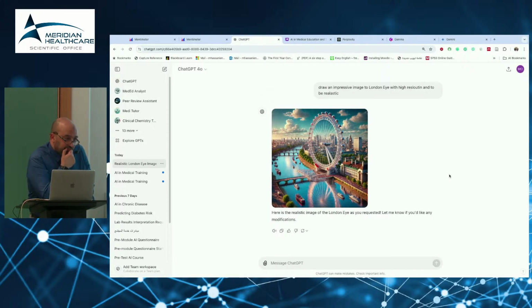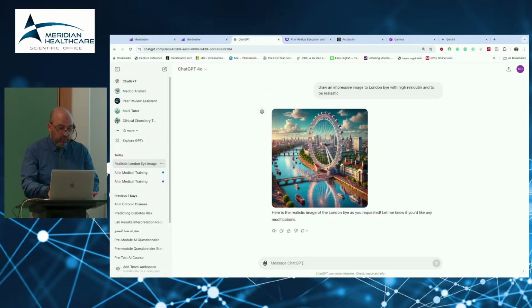But if we want, for a presentation, a real picture, we can tell it, because this looks like it's not real. If we were going to do a presentation for kids, it can be more interesting for them with the vibrant colors. So it's good. Can we try to tell it to make it natural? Let's stick with the London Eye.